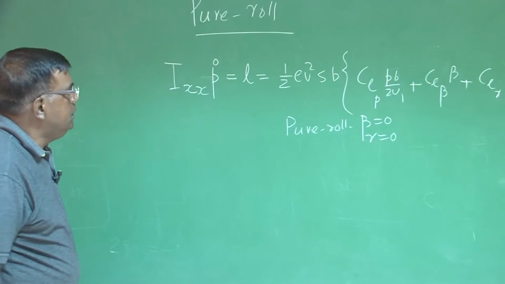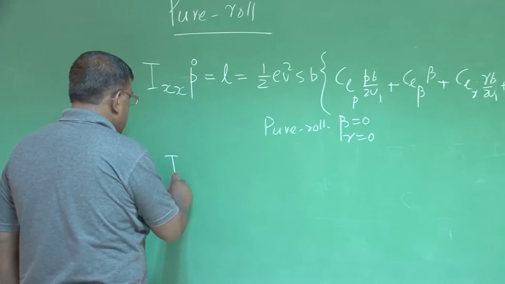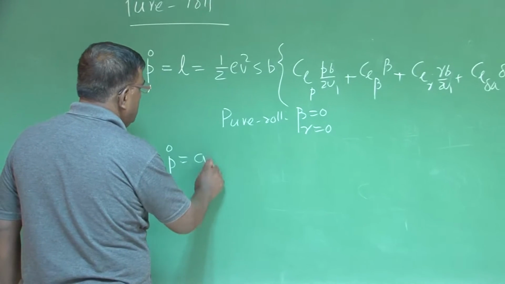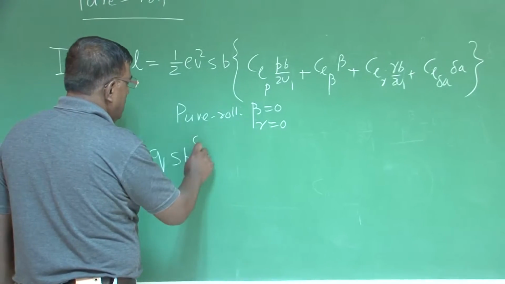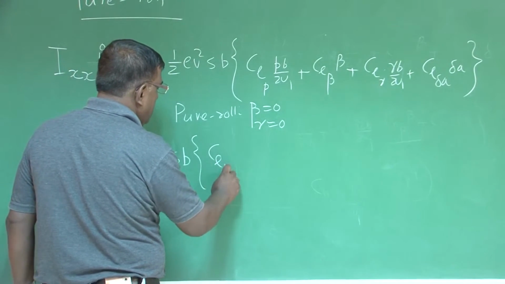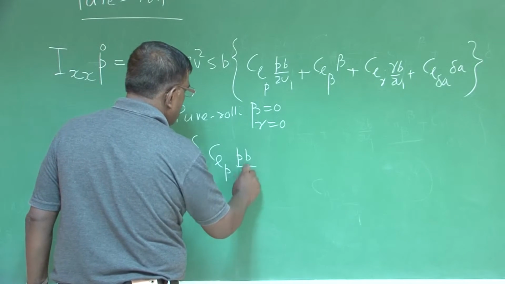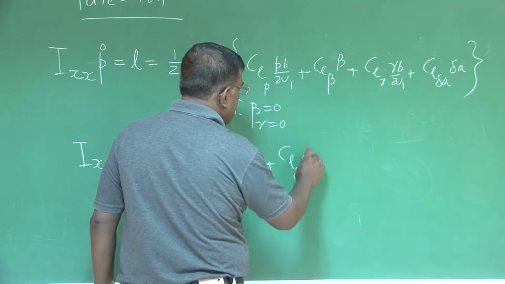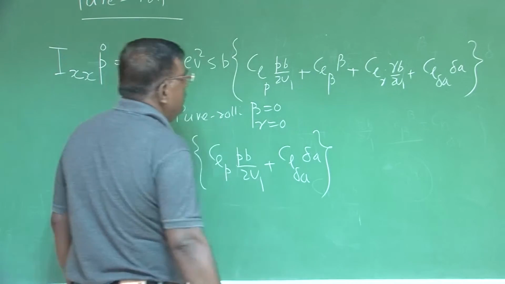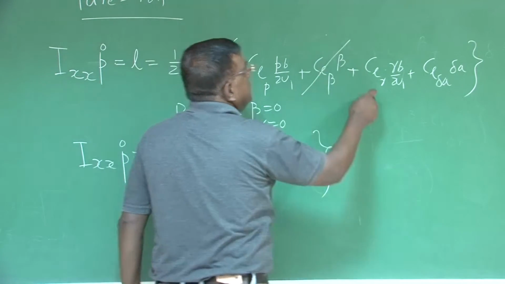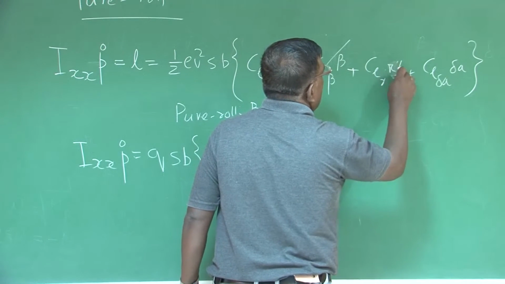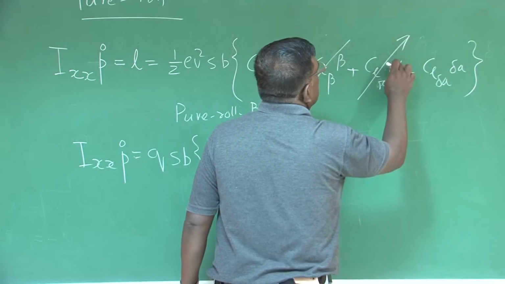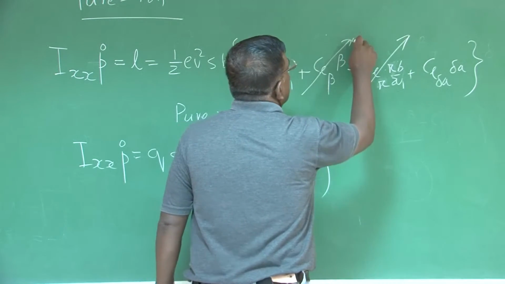If I do this, then I get Ixx p dot equal to Q S b into C_L_p into p b by 2U1 plus C_L_delta_A into delta A, because the beta and r terms go to 0.